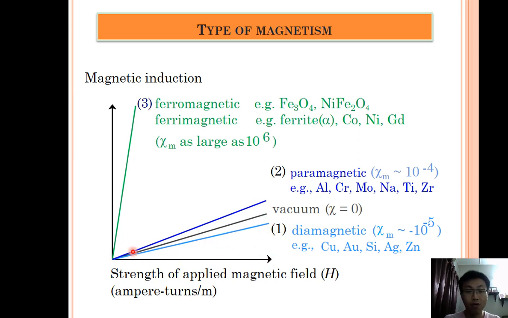The vacuum is almost zero. Then the paramagnetic ones include aluminum, chromium, or titanium. Then the ferromagnetic ones include ferrite oxide, nickel ferrite oxide, or ferrimagnetic materials, for example iron, cobalt, nickel. So we can see the magnetic field is stronger here. Induction is stronger here.